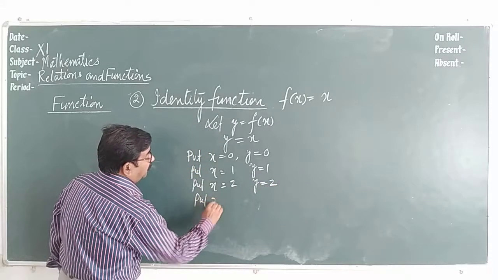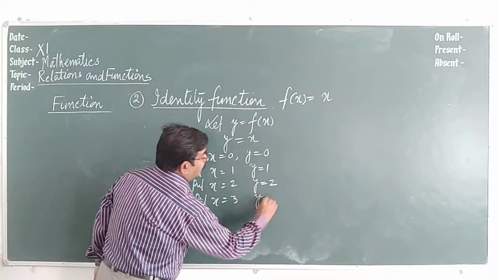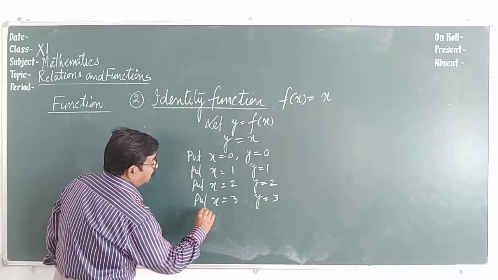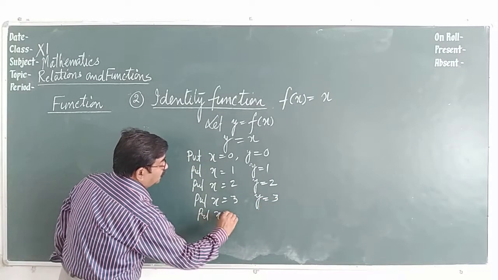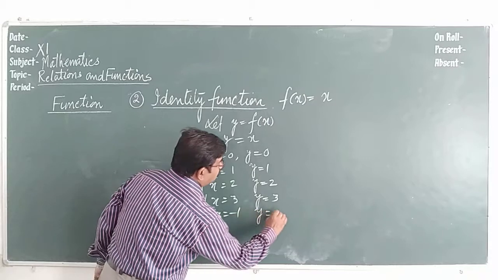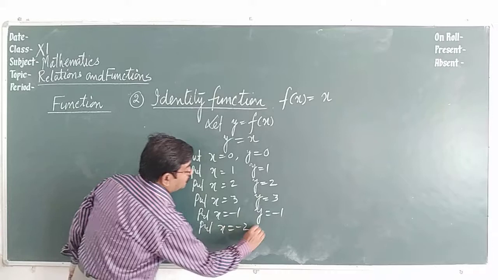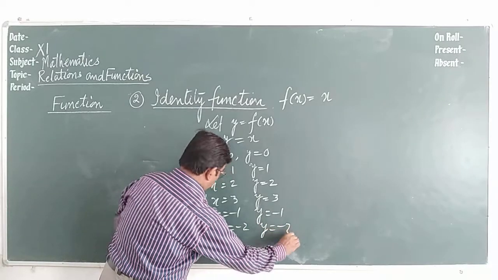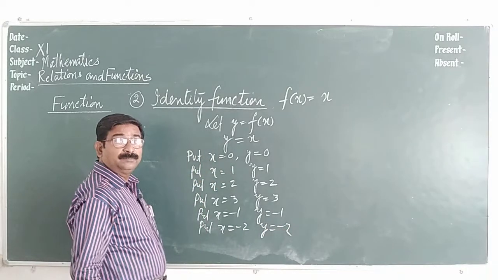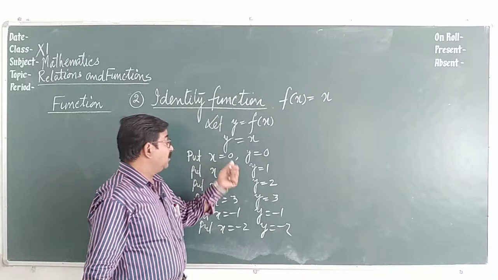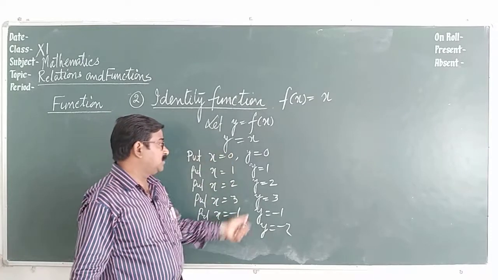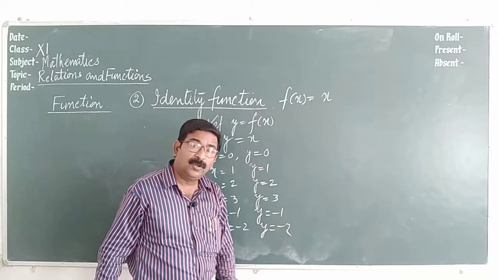Put x = 3, then y = 3. Put x = minus 1, then y = minus 1. Put x = minus 2, then y = minus 2. Got it? See, for the same value of x we have the same numeric value of y.